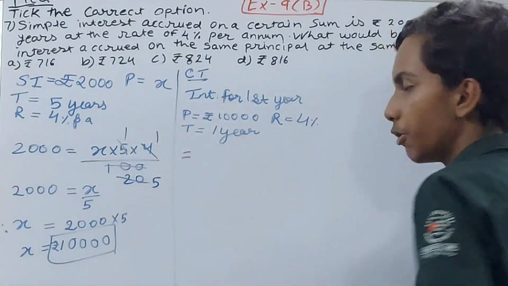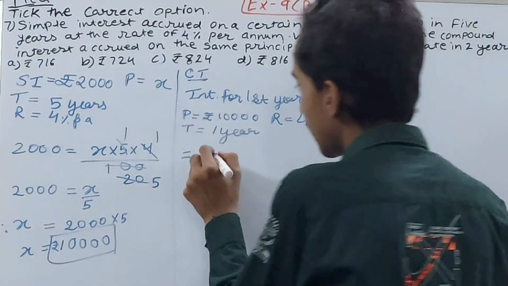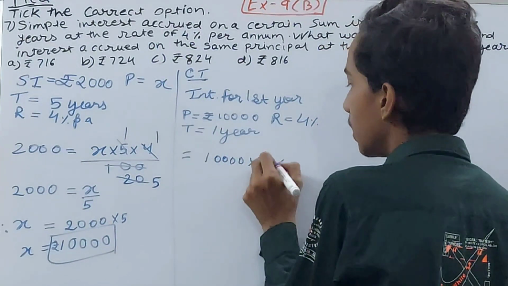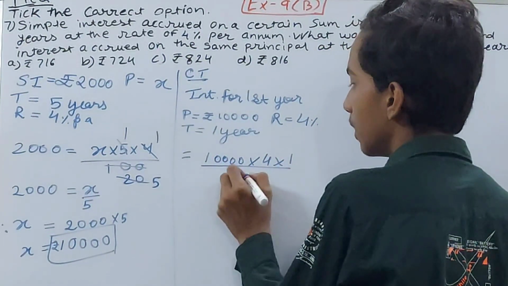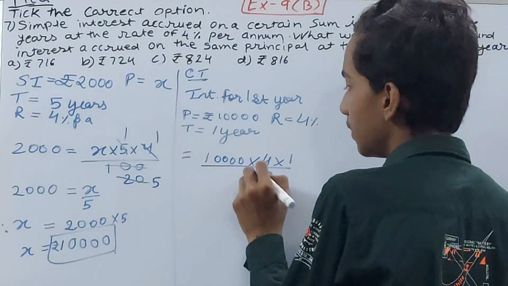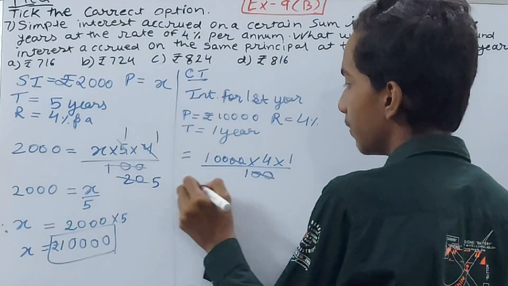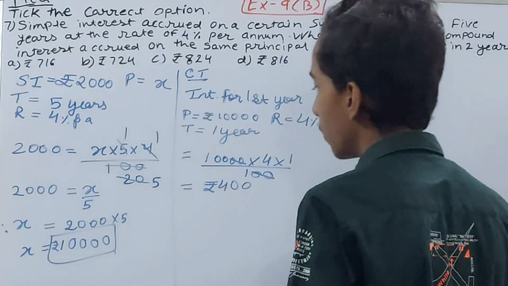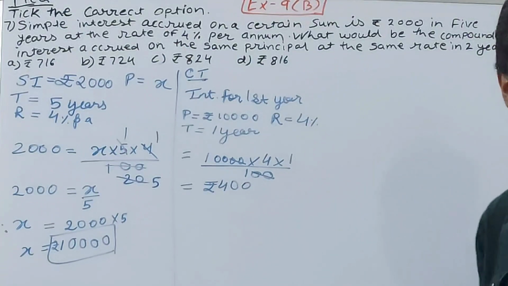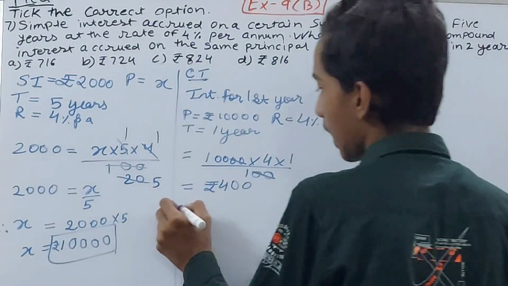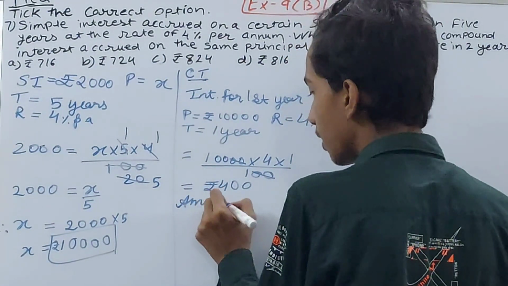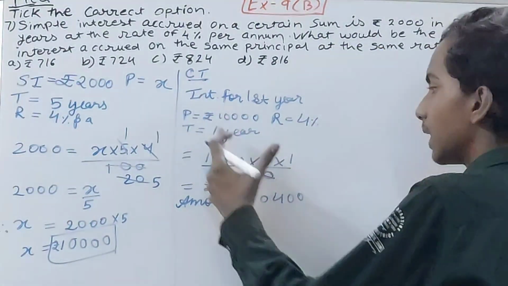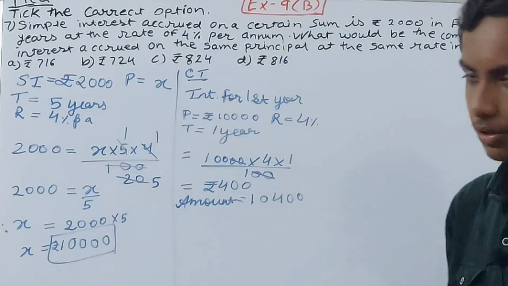So my interest will be P into R into T, that is 10,000 into 4 into 1 upon 100. Cancel this, and I have rupees 400. 400 is your interest for the first year. Next is the amount. The amount is going to be 10,400. Very simple, just add.